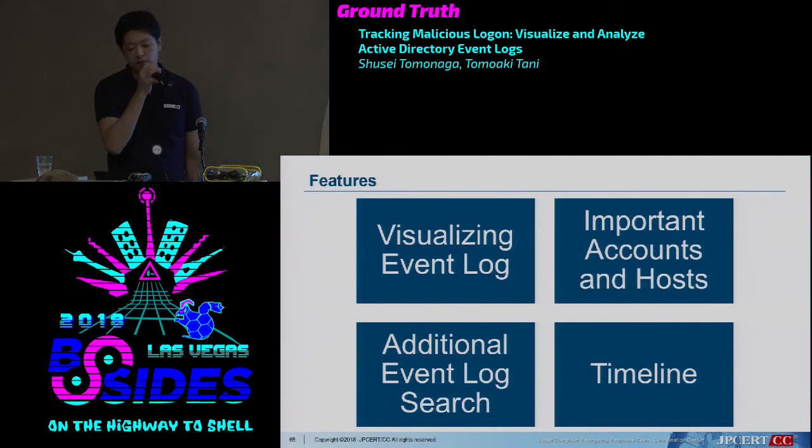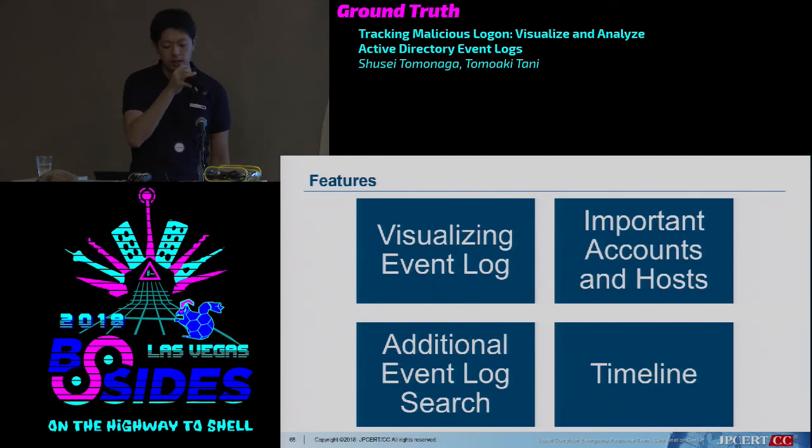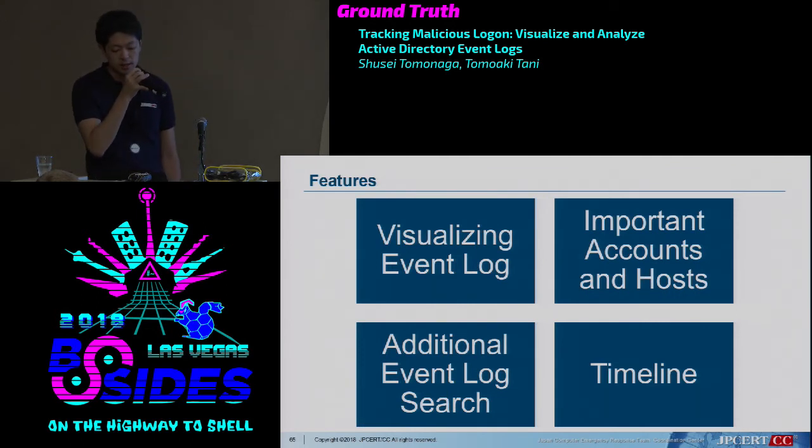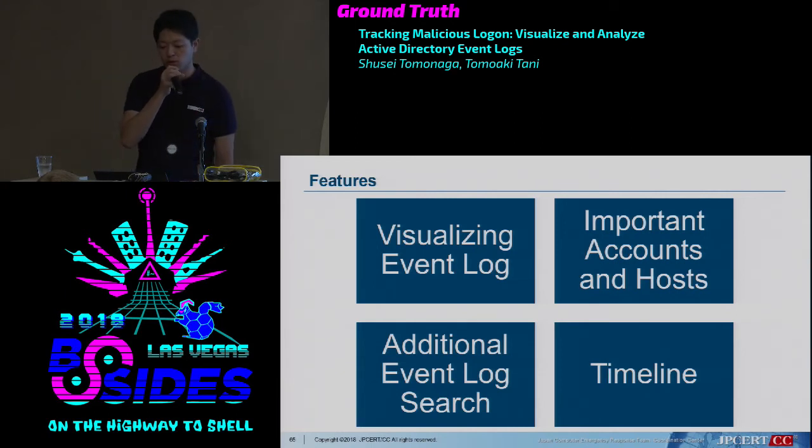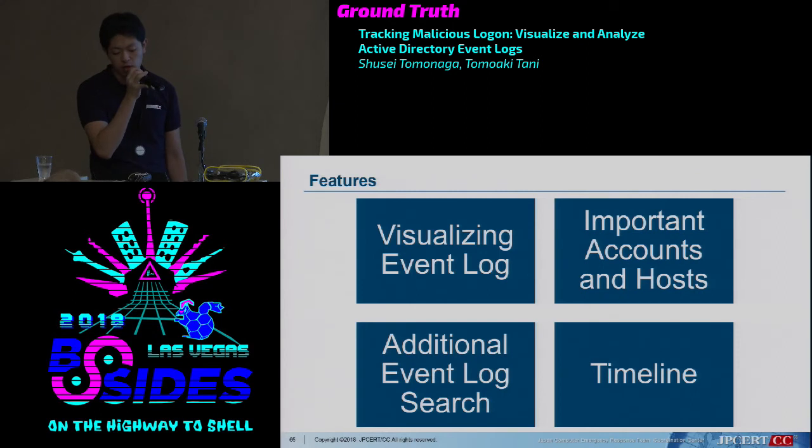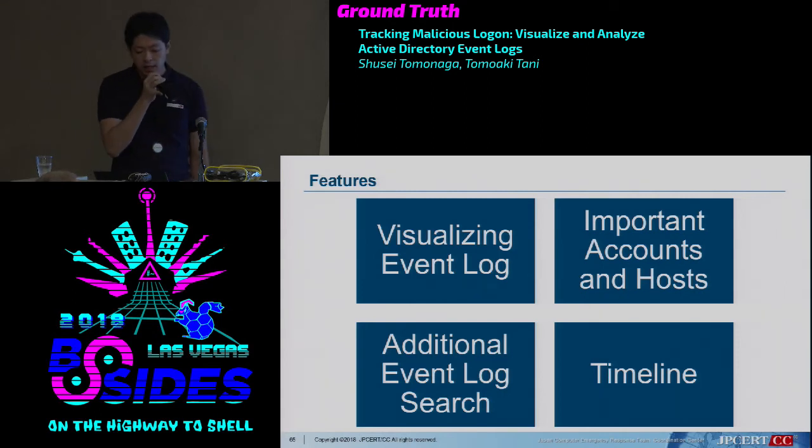Logon Tracer has 4 features. First is visualizing event logs. It makes it easier to understand what is happening in the victim's network. Second is displaying important accounts and hosts. This is a very cool feature, and you can find suspicious accounts or hosts very quickly.